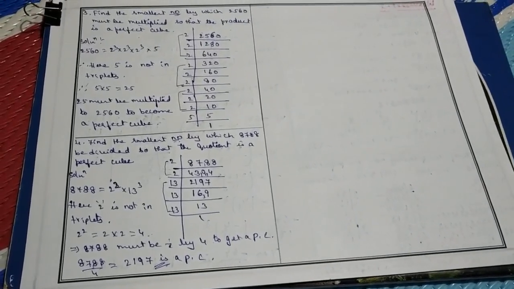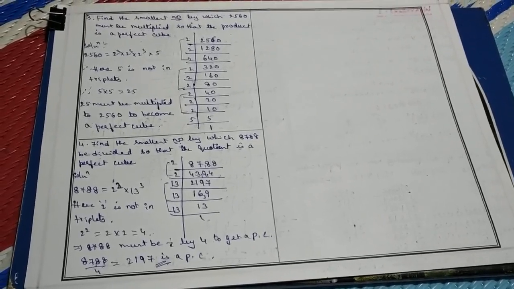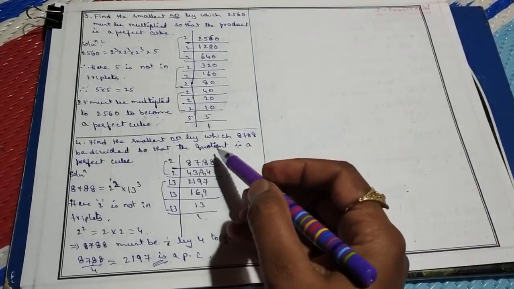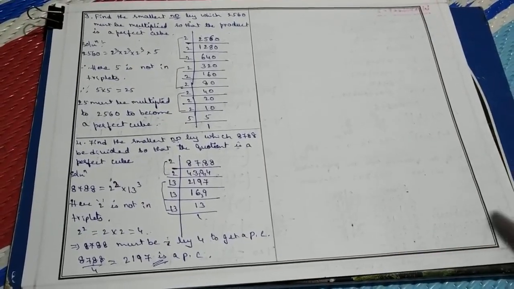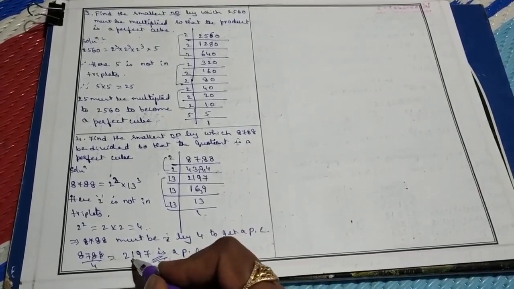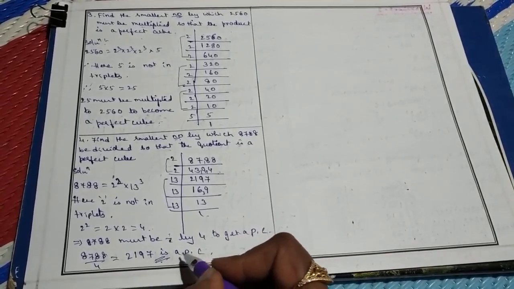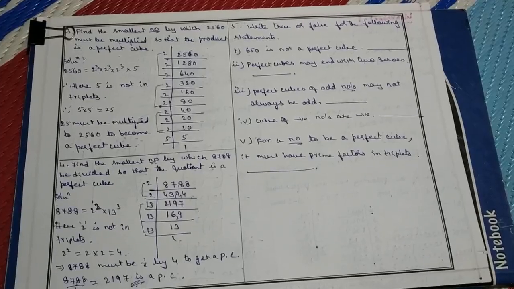So 2197 is a perfect cube of 13, children. So this is cleared. He asked only that the quotient is a perfect cube and he didn't ask whose perfect cube it is. So you need to stop till here only. If it is asked whose perfect cube, then you need to write 2197 is equal to 13 cube. Clear? So let me move to the next main.